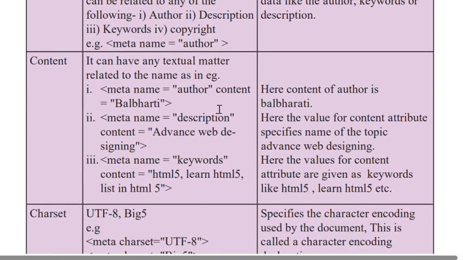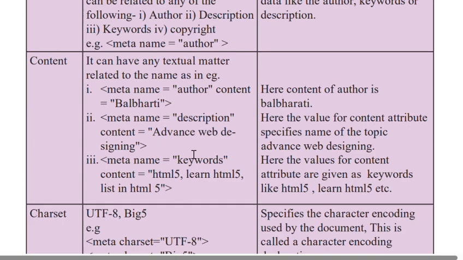Next we have content. It can have any textual matter related to the name, as in the example, it can be author, description, keywords, anything. Now you can see meta name is equal to author, content is equal to Bal Bharati. Here, the content of author is Bal Bharati. Next we have meta name is equal to description, content is equal to advanced web designing.